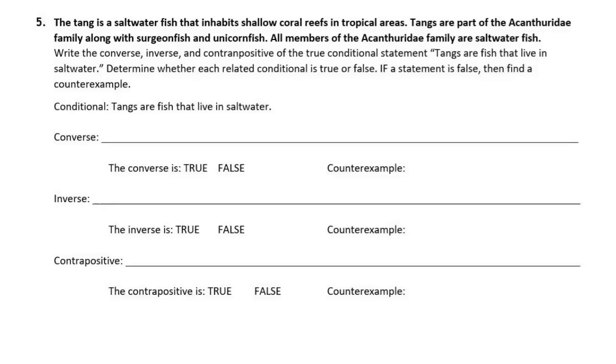All members of that family are saltwater fish. Write the converse, inverse, and contrapositive of the true conditional statement, tangs are fish that live in saltwater. So we need to take the statement, tangs are fish that live in saltwater, and we need to turn it into an if-then so that we can write our converse, inverse, and contrapositive.